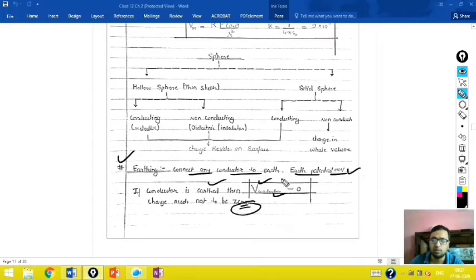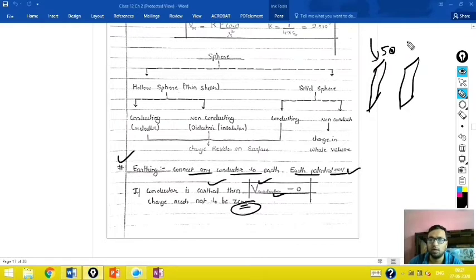Here are some points. You will understand these concepts in detail when we study capacitors, in which we provide some amount of charge to one plate and the other plate gets an induced charge, suppose minus q and plus q. Suppose this rod has some thickness, then due to induction, suppose you have provided plus 5q, minus 5q will appear on one surface and plus 5q on the other surface.